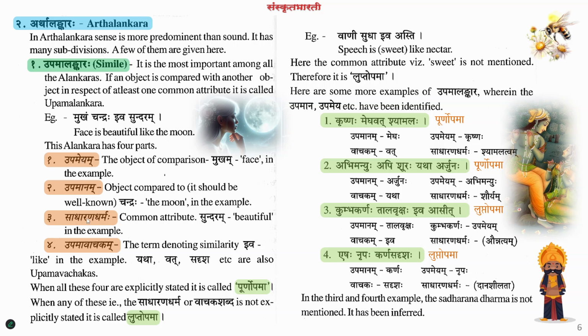Any three may be present, one may be absent. But they have only stated the absentee as Sadharana Dharma or Vachaka Shabda. In a deeper sense, in the Alankara Shastra, more different types of Luptopamas are identified. Some of them have so many lopas that it is difficult to even call it Upama.